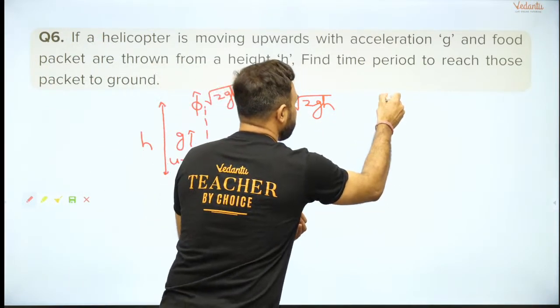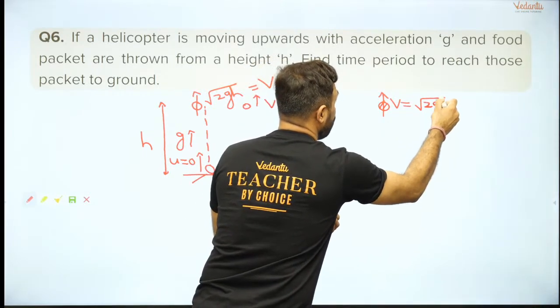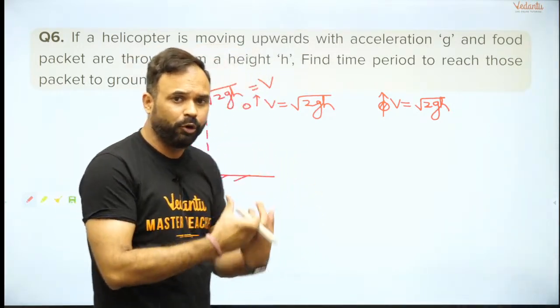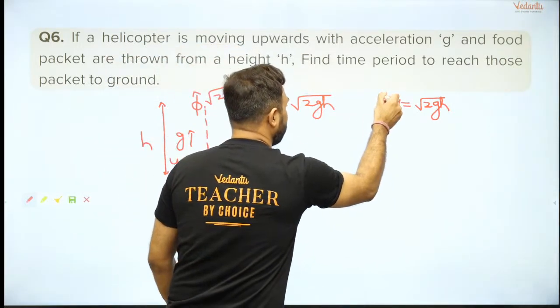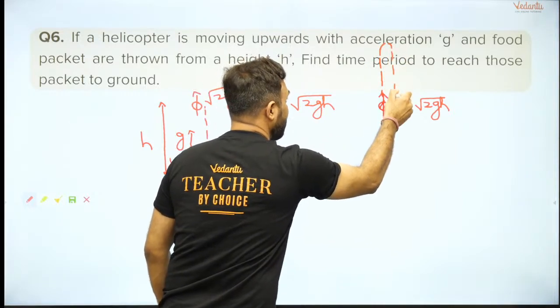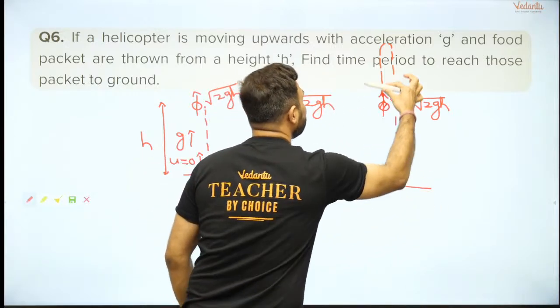And now this food packet will be moving freely under gravity. So my problem starts from this point that I have a food packet which is having initial velocity of v, which was root 2gh, which was the velocity of the helicopter at the time the food packet was being dropped.